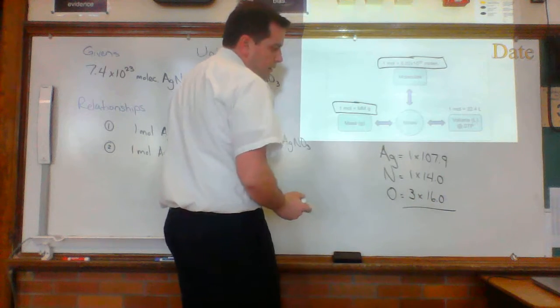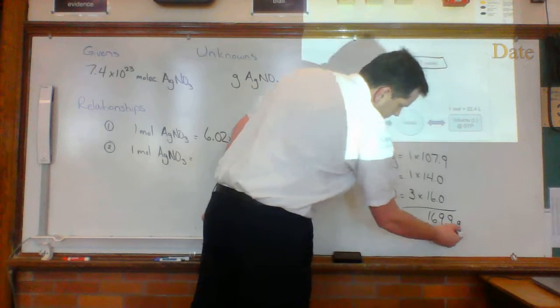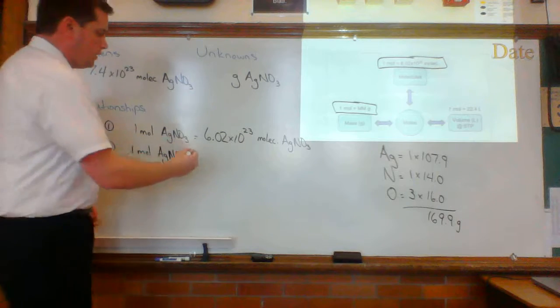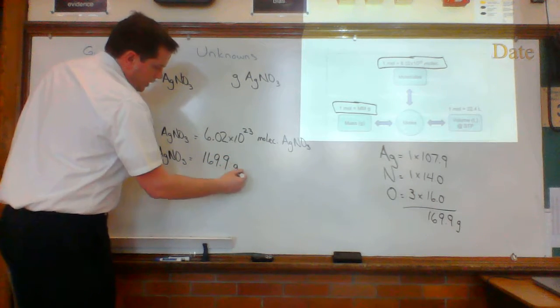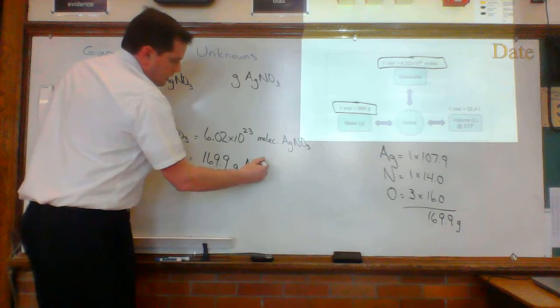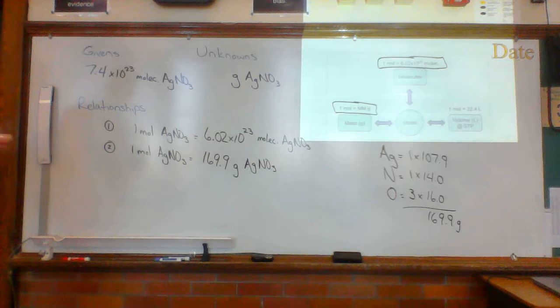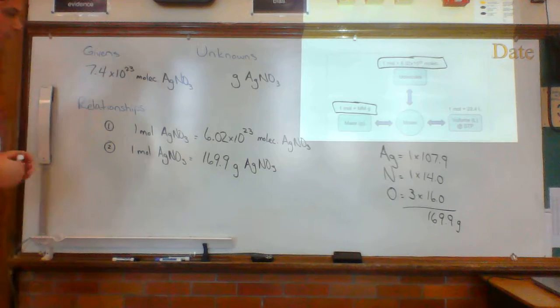You add it all up and you get 169.9 grams per mole. So 169.9 grams AgNO3 goes right there. Now that we've written out our relationships, now we can actually do the fractions.